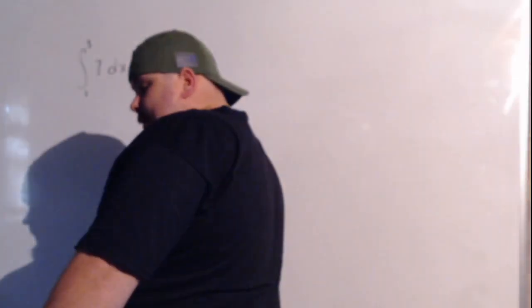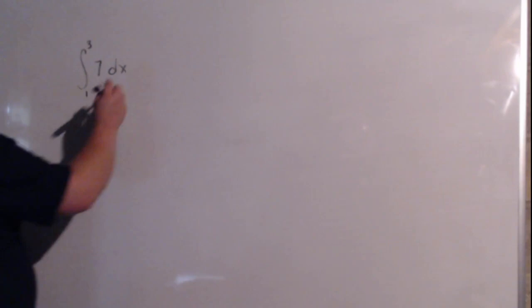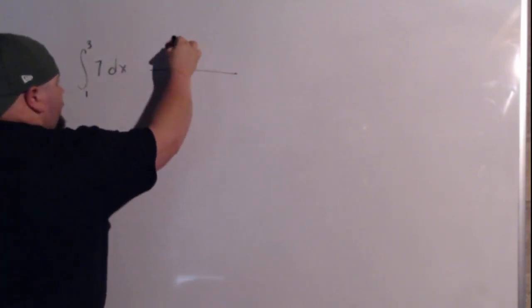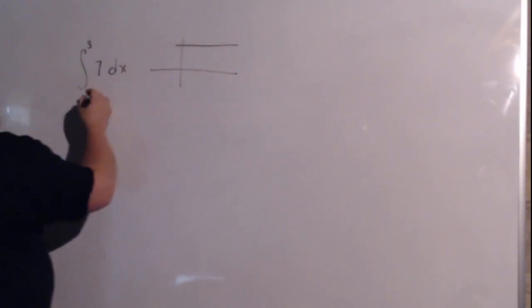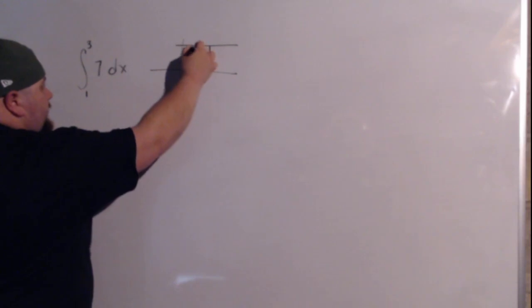A little better, I guess. Okay, so 7 dx, and so what does that look like? Well, that's the line y equals 7, and if it's from 1 to 3, well, something like this region.